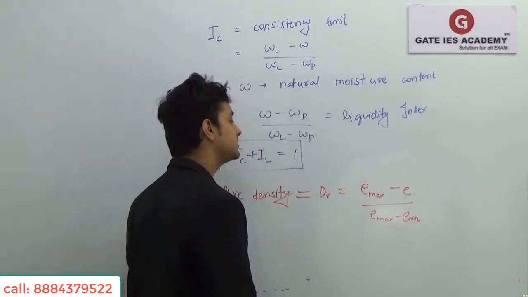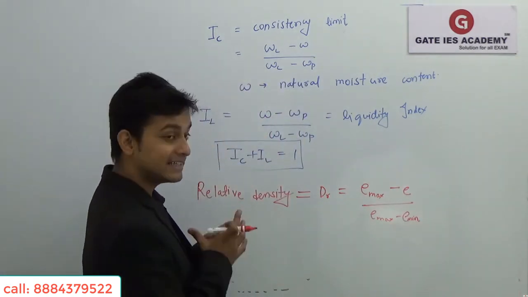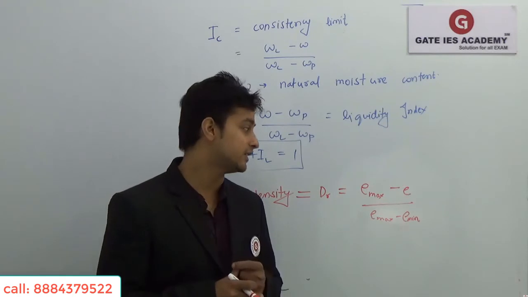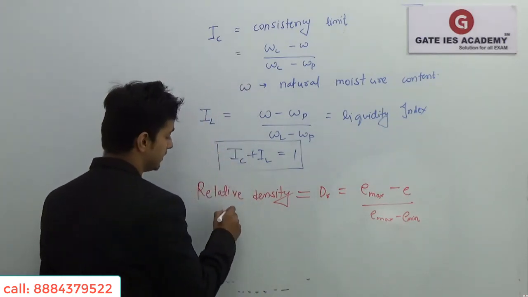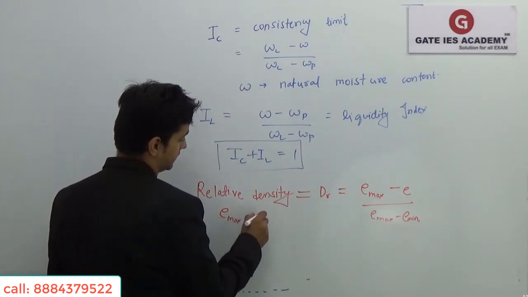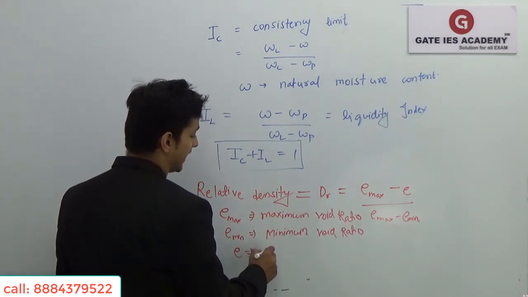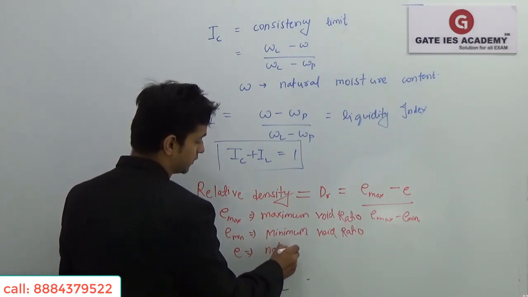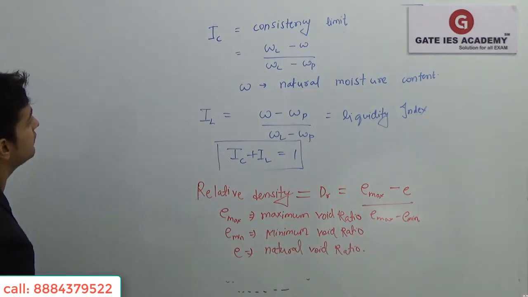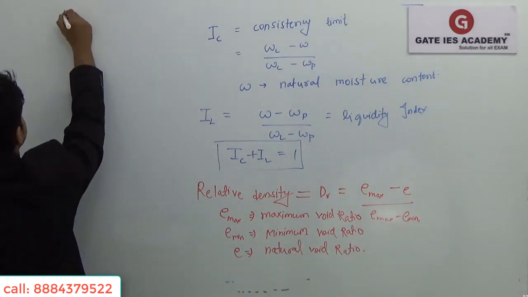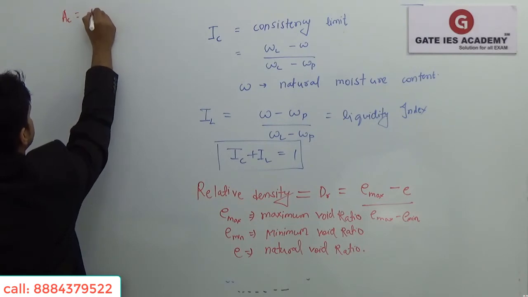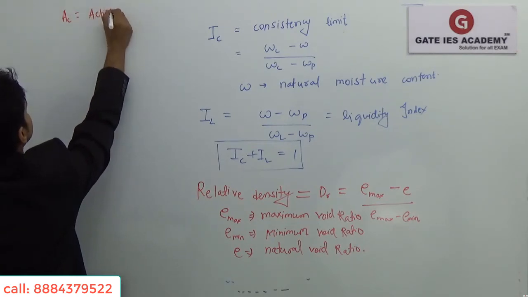It is just giving us the density, how densely the system is packed. Here Emax is the maximum void ratio, and E is the natural or the current. One more thing which we define is the activity, AC. AC is called the activity of a soil.